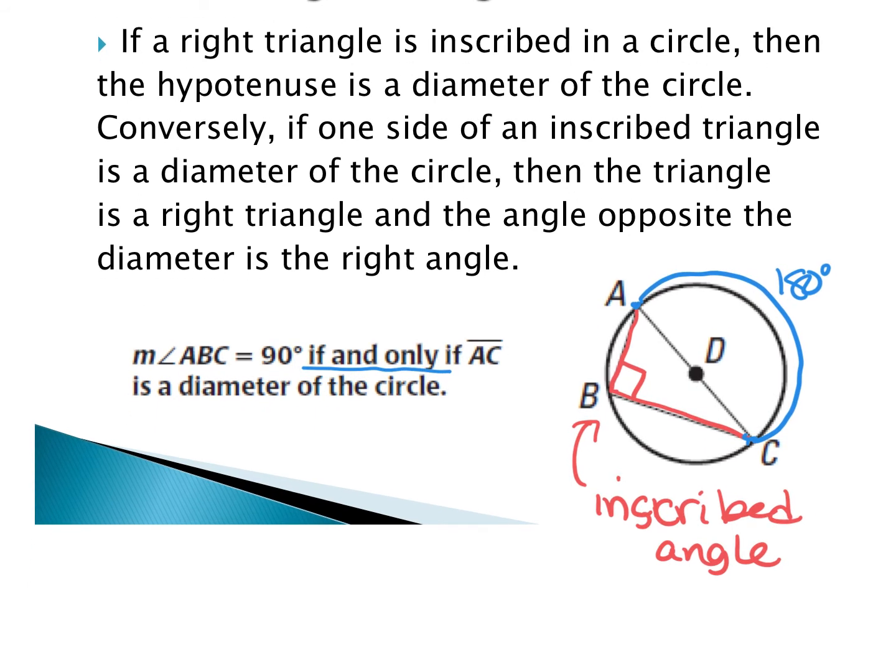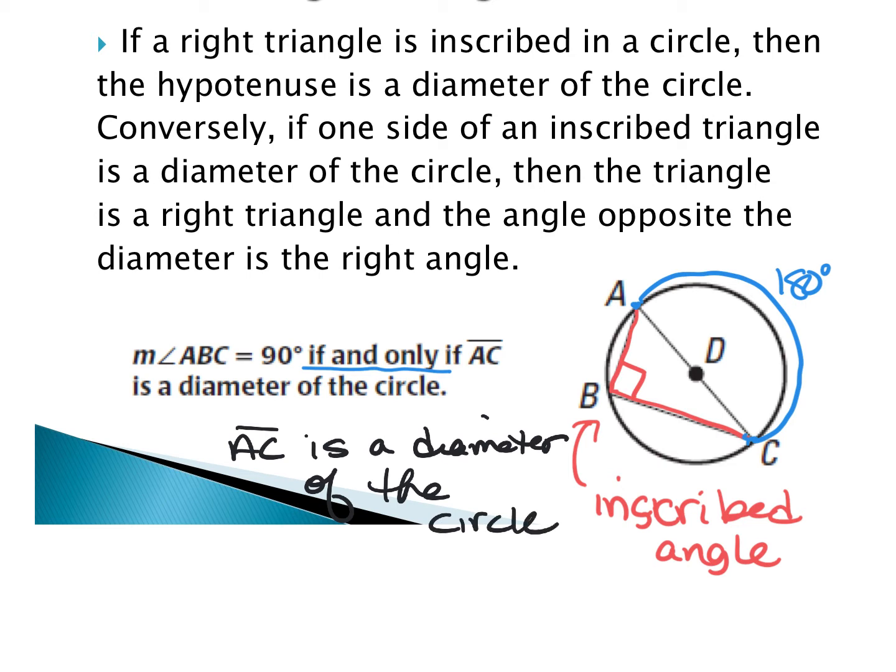You could have also said that AC is a diameter of the circle if and only if the measure of angle ABC equals 90 degrees.